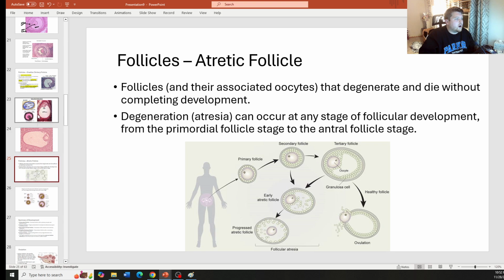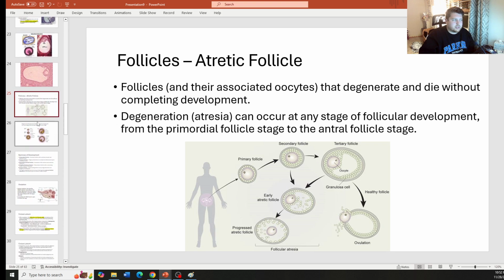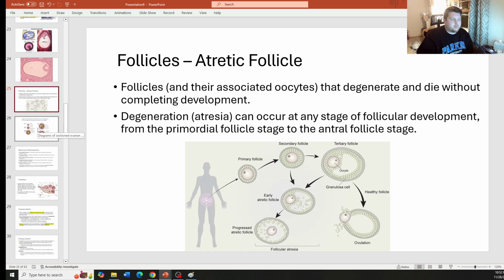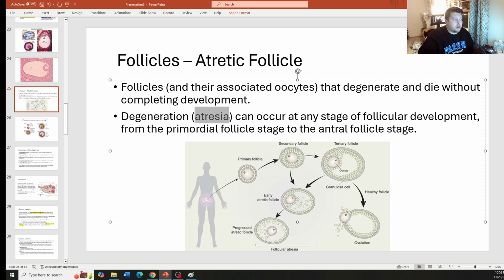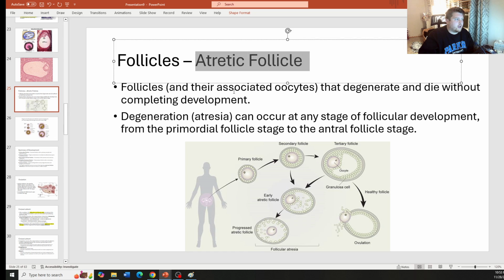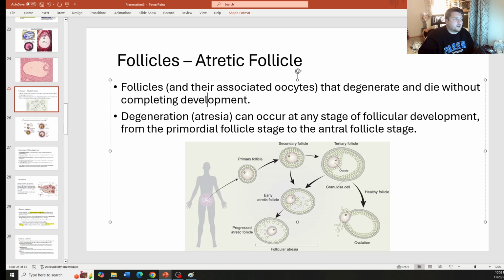However, in most cases, all of the follicles that are not determined to be the primary ones go through a process called atresia or degeneration. So you get an atretic follicle. These are the follicles that degenerate and die without completing development.